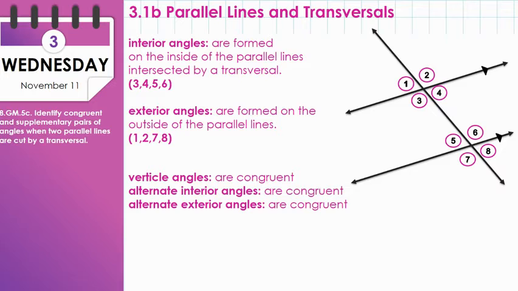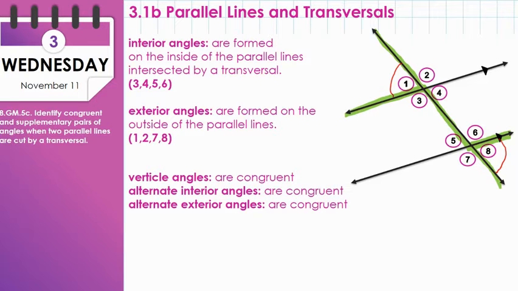And we'll draw exterior when we look at alternate exterior angles that are congruent. Those angle relationships would be angle 1 is congruent to angle 8.